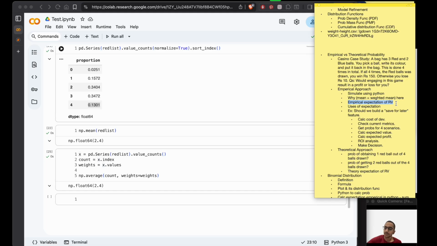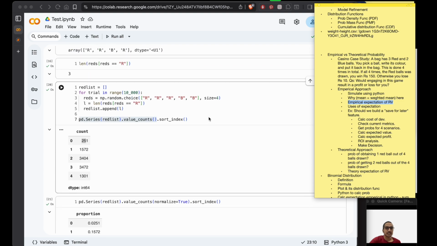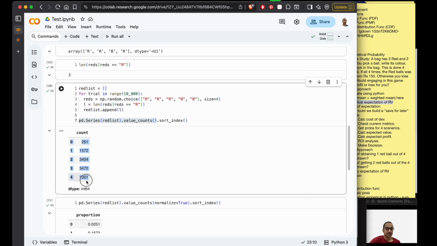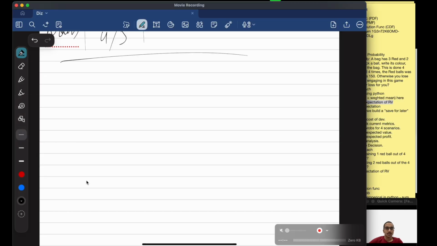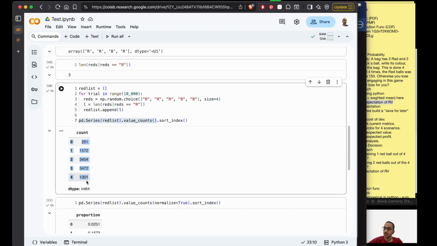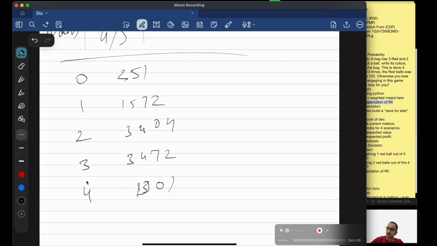So let's say if we take this example, this thing here, let me just take this down. So I have 0 to 51 times, we have 1 1572 times, we have 2 3404 times, we have 3 3472 times, and we have 4 1301 times.